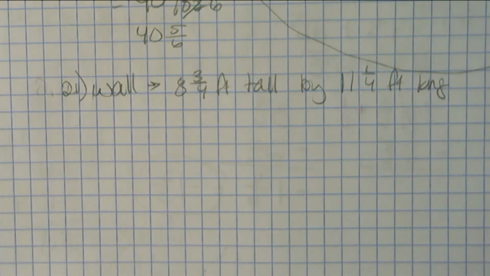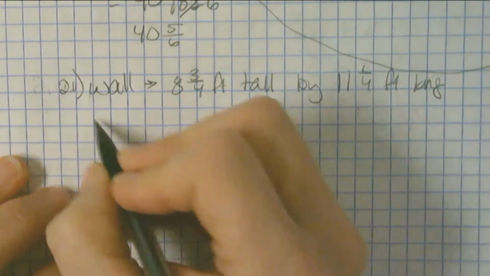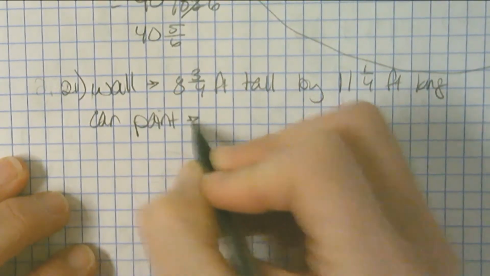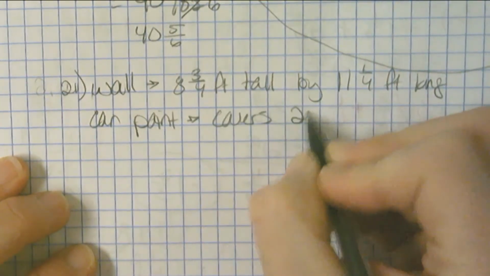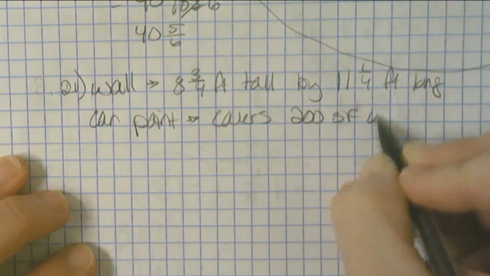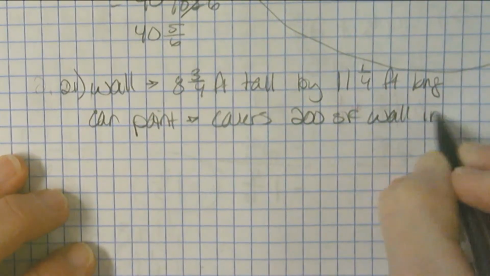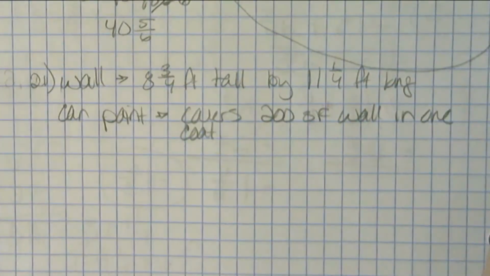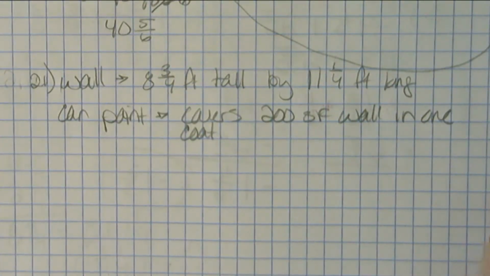You have a can of paint that covers 200 square feet of wall with one coat. All right. Find the area of the wall.